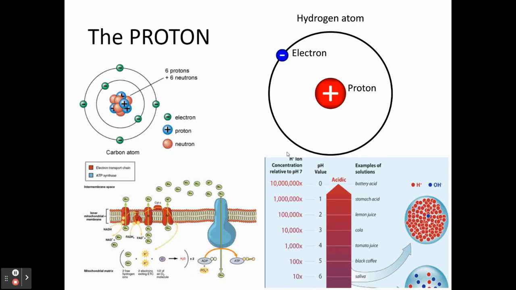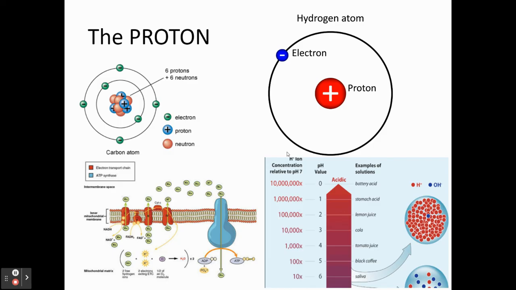Well, if you take water, H2O, and you break it apart, it's going to break apart into a proton, just a hydrogen, and an OH group, what's called a hydroxyl. OH, oxygen and a hydrogen. A proton has a positive charge, and hydroxyls have a negative charge, and that's what water is. Pure water has an equal concentration of protons and hydroxyl ions, and therefore it has a neutral charge.